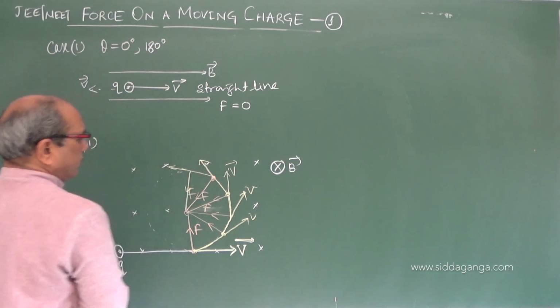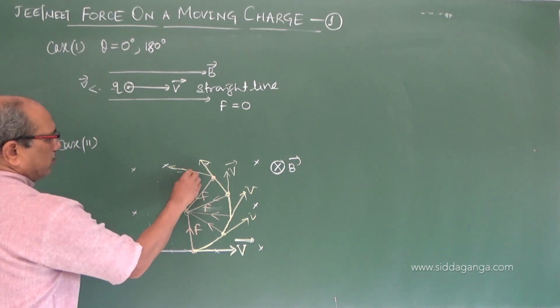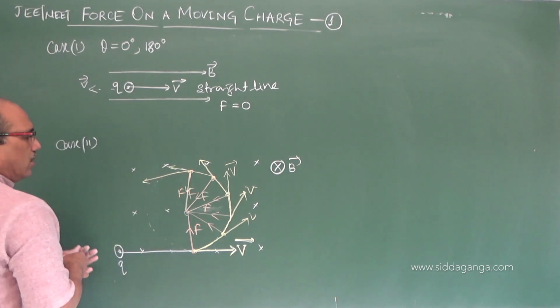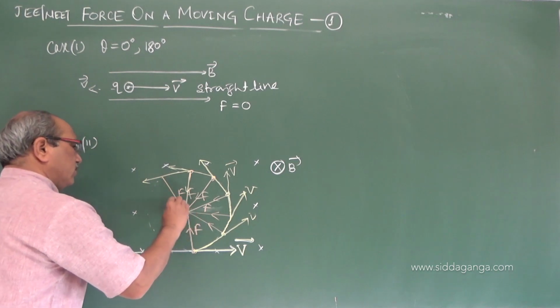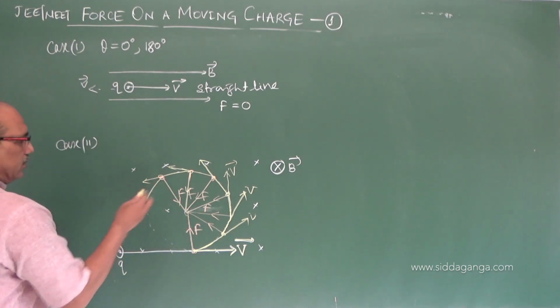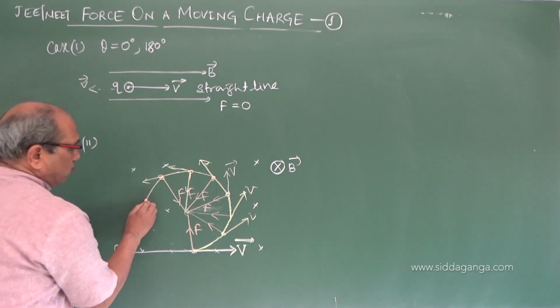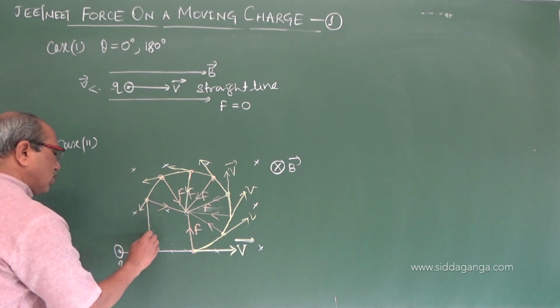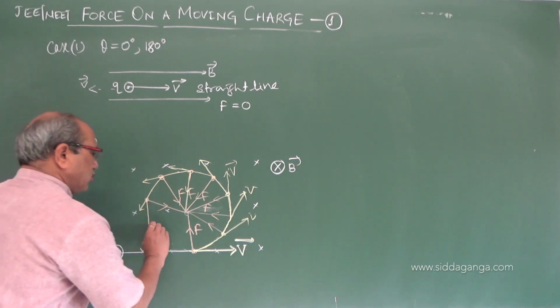Again it is moving towards this direction, and every time we see the magnetic force appearing to be a centripetal force on it, and it makes the charge describe a circular path.